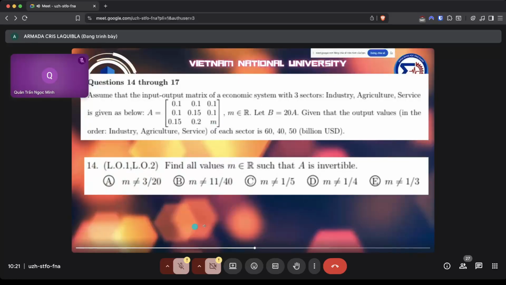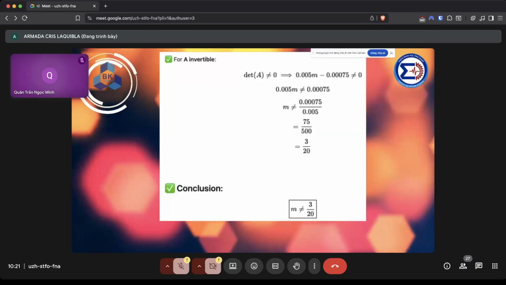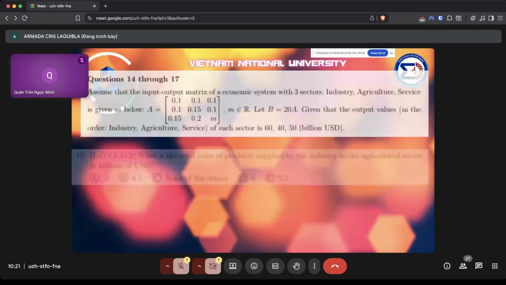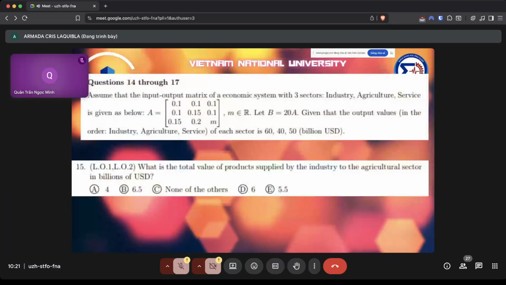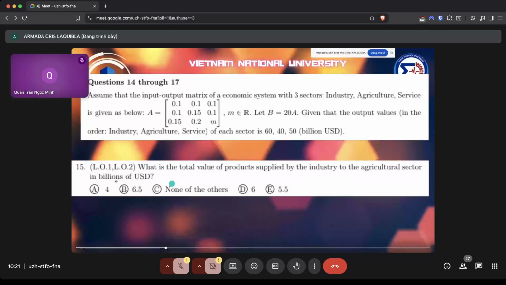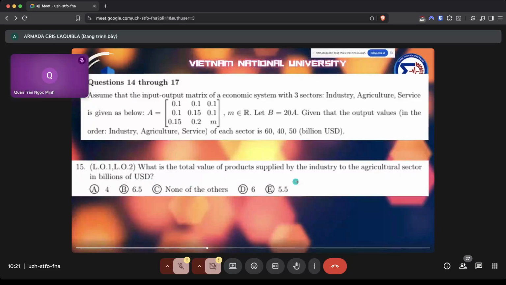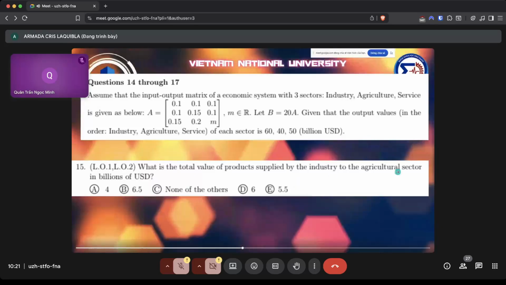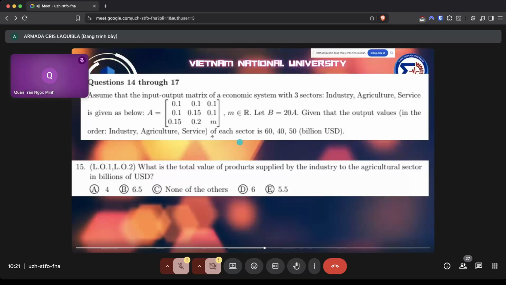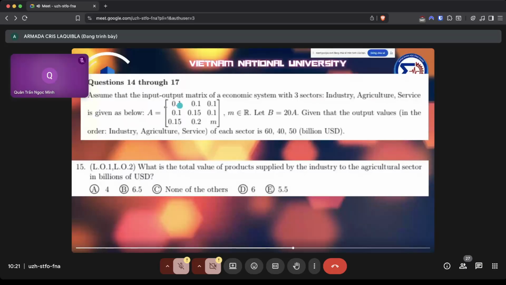Okay. Next. This is the question: what is the total value of products supplied by the industry to the agricultural sector in billions of USD? So your industry is row 1 and column 1.